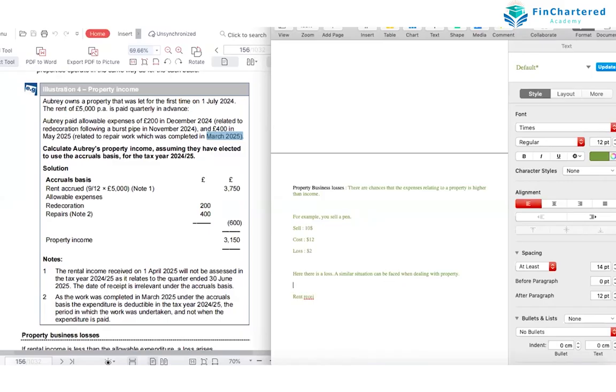For example, rent received is 1,000, but expenses are 1,200. This means that there is a loss of 200, and that's it. If you understood this, you understood what property business loss is. It's as simple as that.